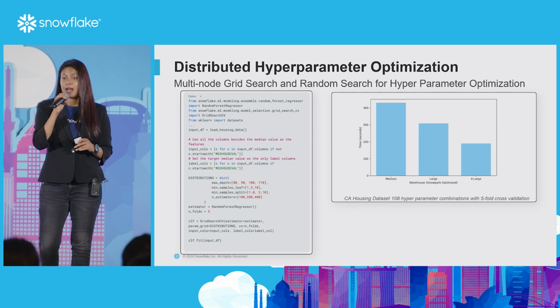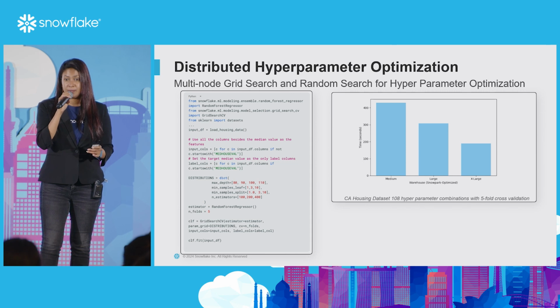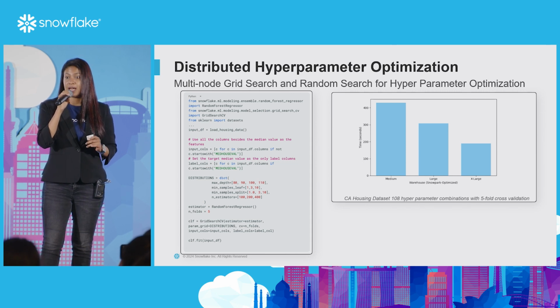And then distributed hyperparameter optimization. If you want to try a lot of hyperparameters, training with Snowflake is much simpler because we distribute the hyperparameter tuning out of the box for you. The code you can see on the side is pretty simple and similar to what you write in scikit-learn.